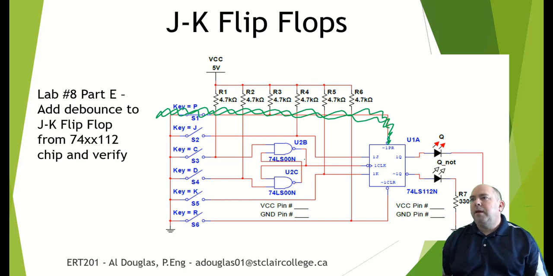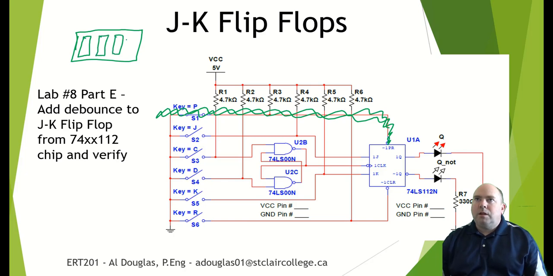But what you may notice, and you really don't see this in TinkerCAD because everything switches very cleanly. But if you were making these out of real dip switches, when you turn your dip switches, we're assuming that you go from off to on, to off, to on, to off, to on.